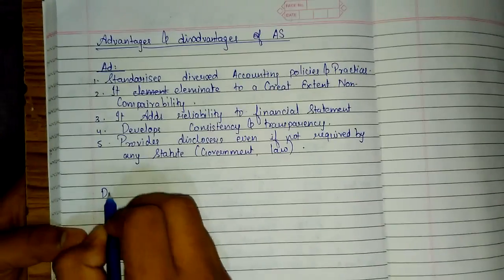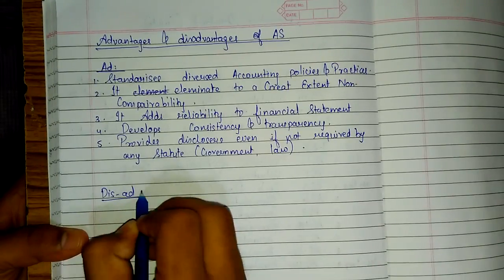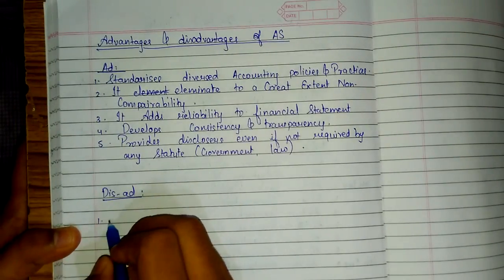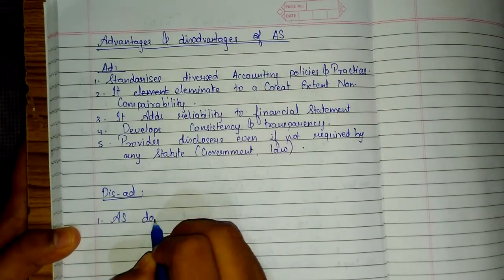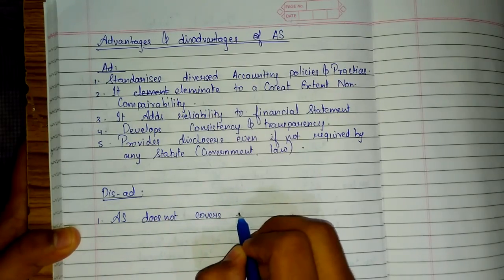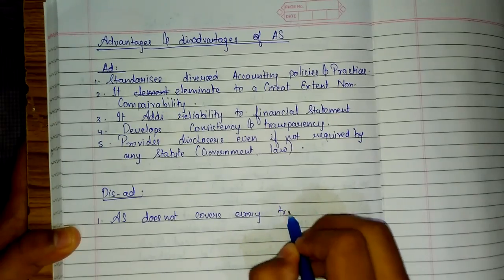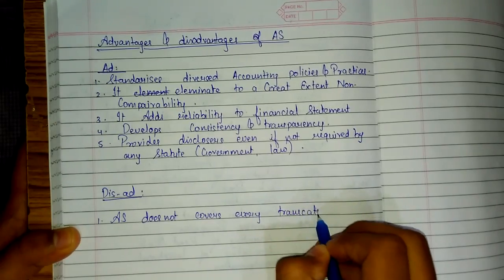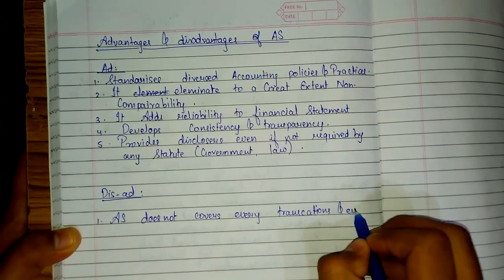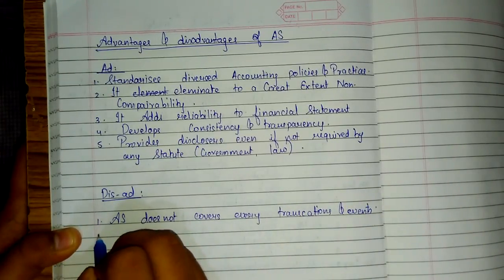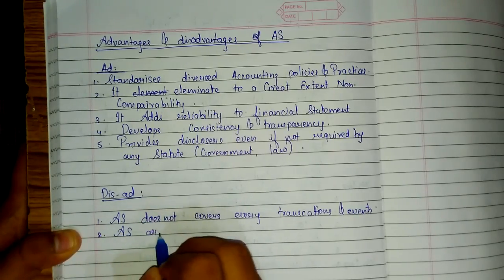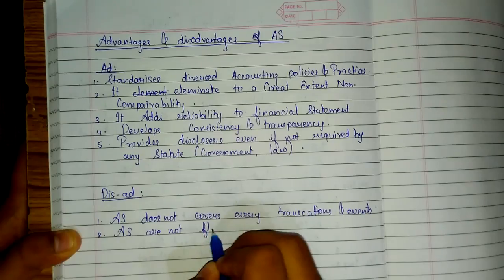Now we'll move on to disadvantages. First, accounting standards do not cover every transaction and event. Second, accounting standards are not flexible.